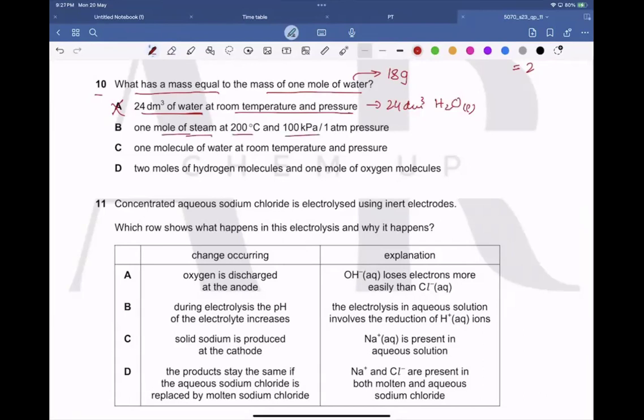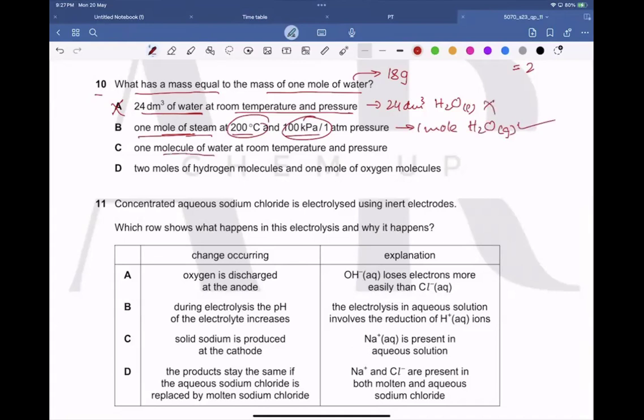Yeah, 1 mole of steam. So whatever the temperature and pressure is, if it's 1 mole of steam, they are saying that it's 1 mole H2O, which is in the gaseous state. So obviously it is going to be correct.